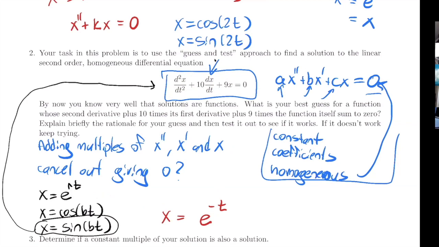So this checks out, and I'll leave it to you to verify, but the first derivative would be this, and then the second derivative gives us back e to the minus t. And so now if you take this plus 10 times that plus 9 times that, everything cancels out just so.